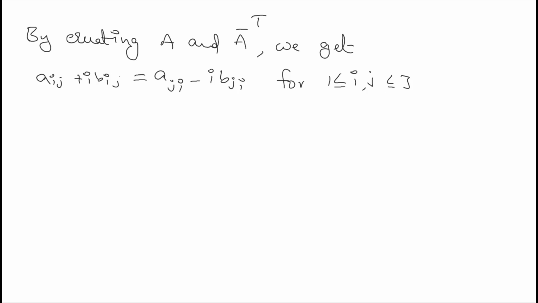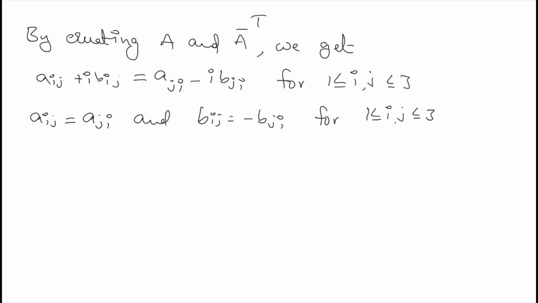From this we can observe that Aij equals Aji and Bij equals minus Bji for all 1 less than or equal to i, j less than or equal to 3.